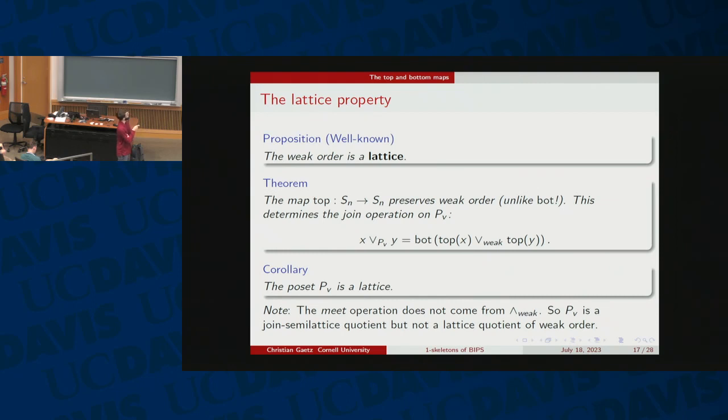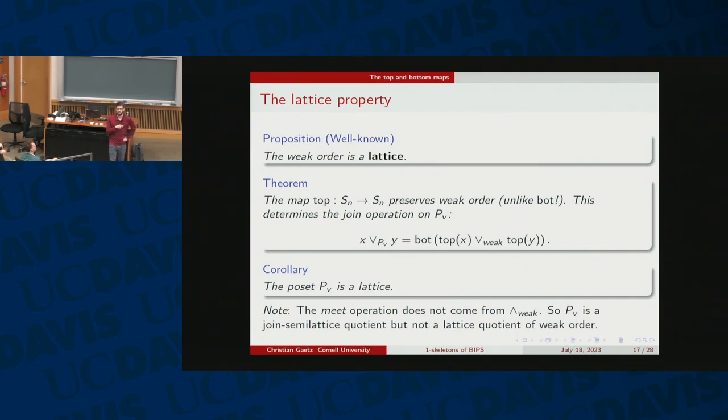The key fact is that this map top, which takes an element to the maximal element in its equivalence class, is order preserving with respect to weak order. So if A is less than B in weak order, then top of A is less than top of B. That's not true, for example, of the bottom map.